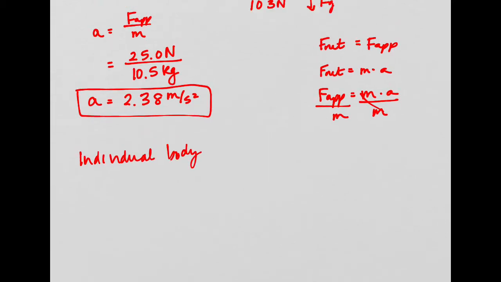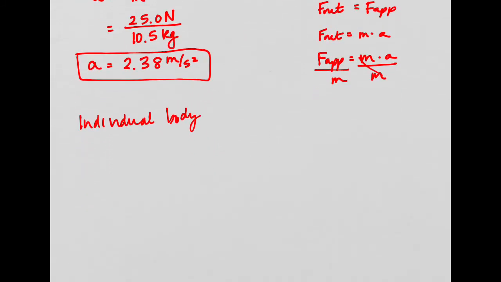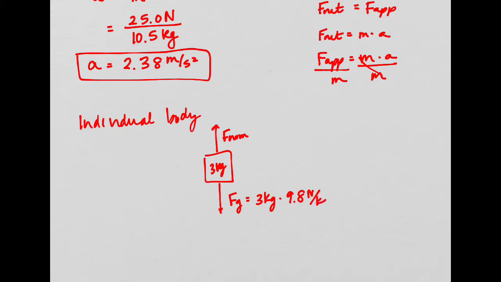And I am just going to arbitrarily choose to do this on the 3 kilogram box. I have a normal force. I have a force of gravity equal to 3 kilograms times 9.8 newtons per kilogram, mass times gravity.